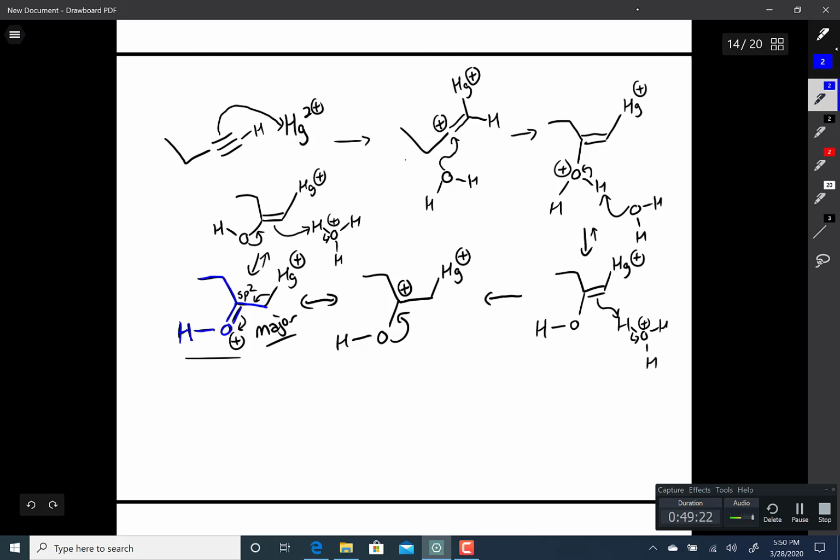The group that's leaving is leaving from the mercury. You can think of it as the mercury just falling off. Then what you have is the enol. Any way to generate the Hg2+, it finds another alkyne and the process repeats itself. That's why you only need a catalytic amount of the mercury salt.